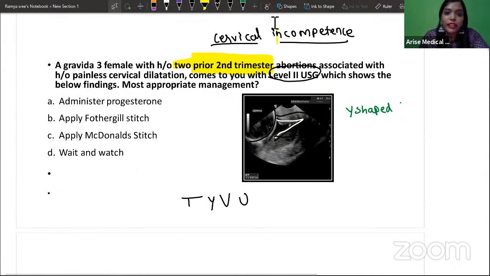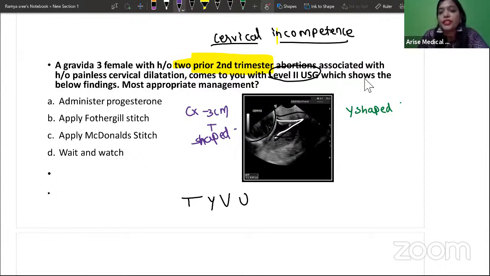Then what will be your management? Three centimeters, T shape. Now answer for this question. Everything same. Gravida 3 female with history of 2 prior second trimester abortions associated with history of painless cervical dilatation comes to you with level 2 USG.